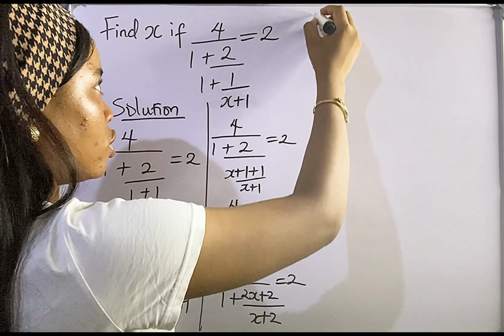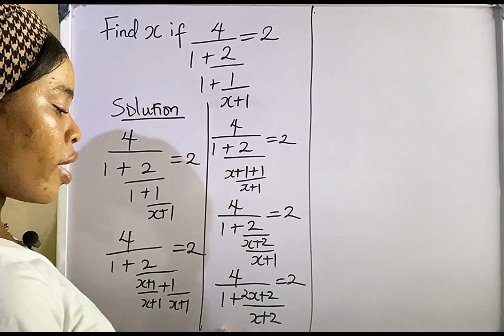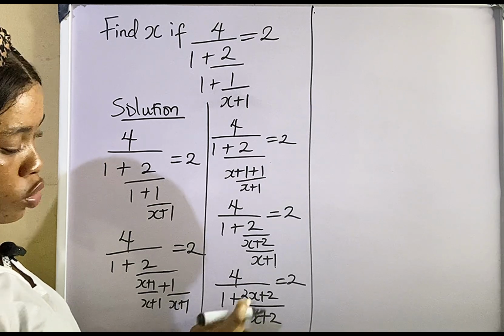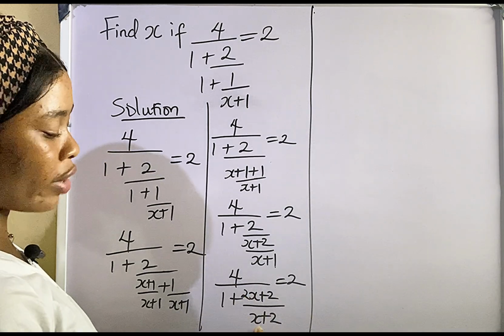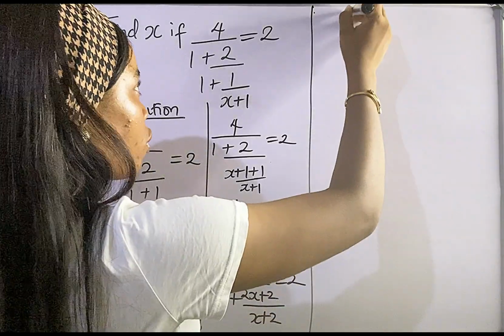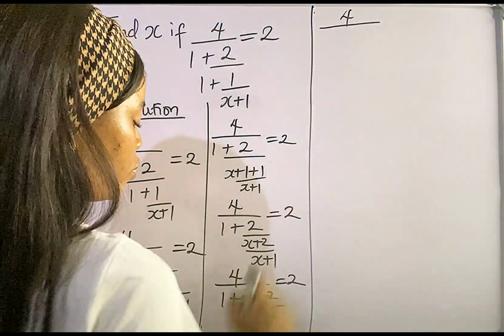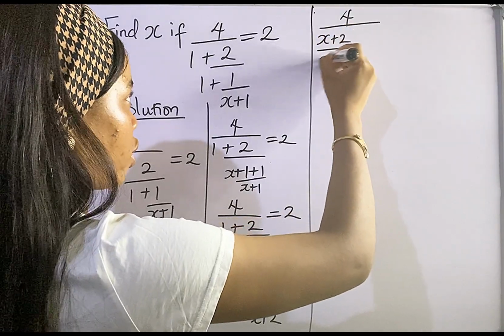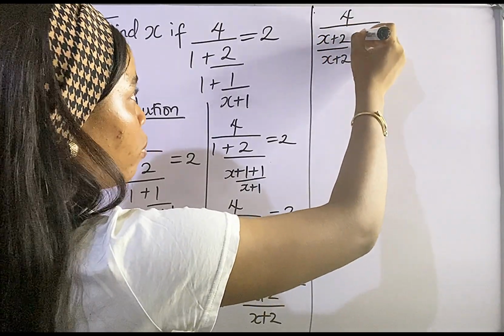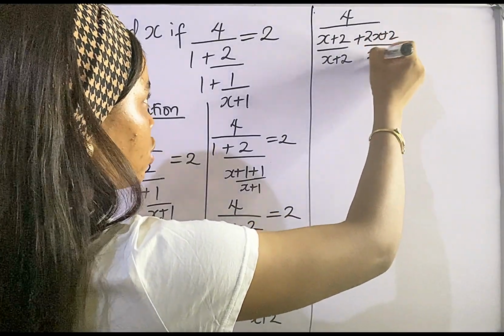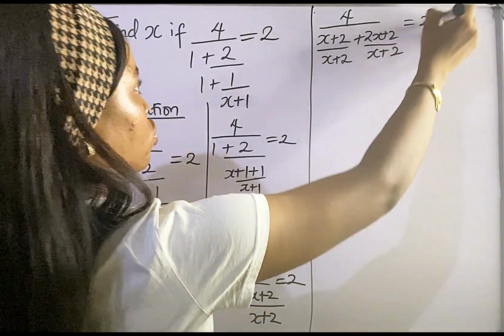So let's proceed. From here, you also see that we have 1 plus 2x plus 2 all over x plus 2. So we can also rewrite this as 4 all over x plus 2 over x plus 2 plus 2x plus 2 over x plus 2 equals 2.